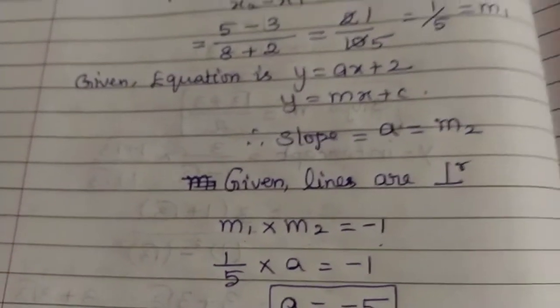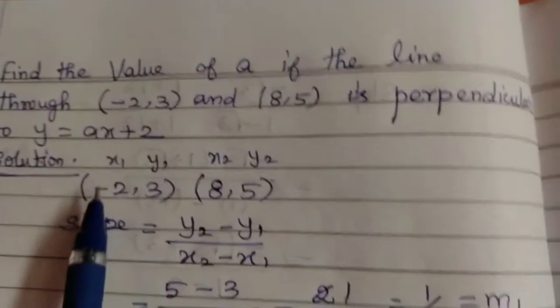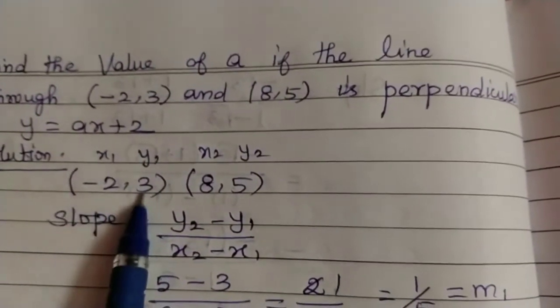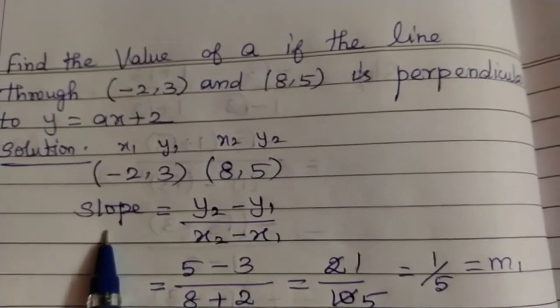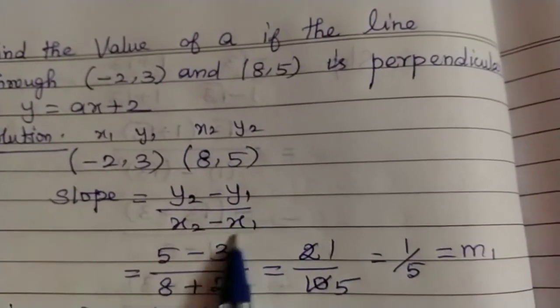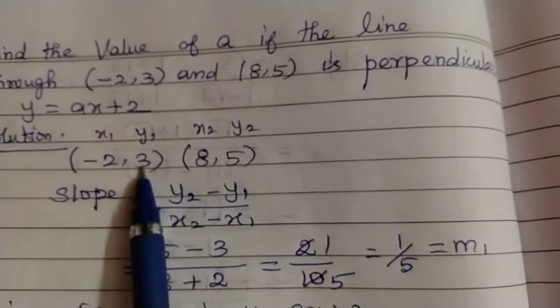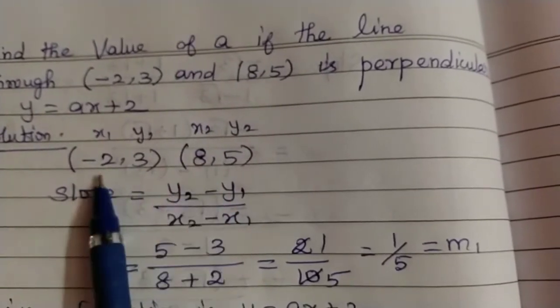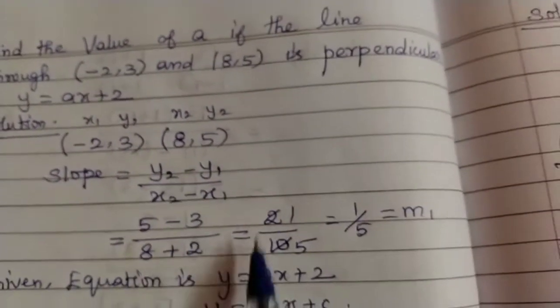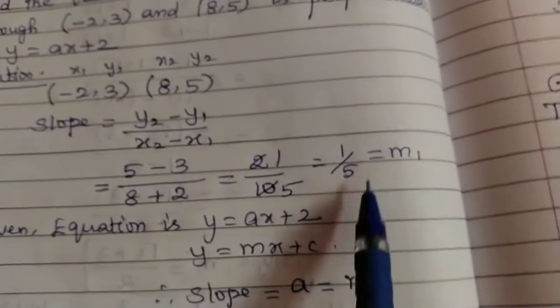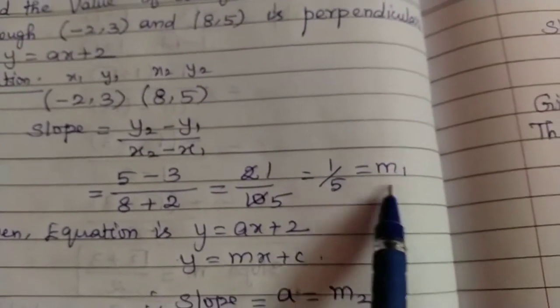Already studied in 5.2. For the points minus 2 comma 3 and 8 comma 5, slope is y2 minus y1 divided by x2 minus x1, that is 5 minus 3 divided by 8 plus 2.